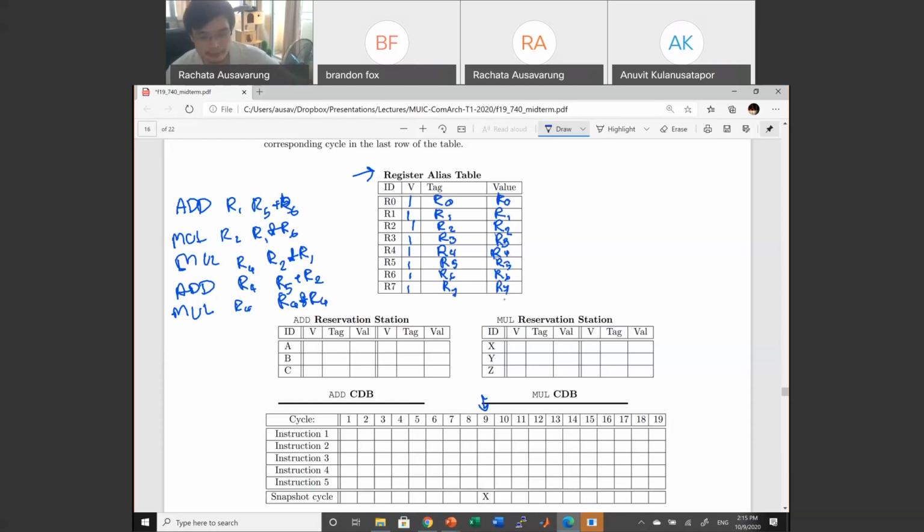All right, so everyone with me so far. This is instruction 1, instruction 2, instruction 3, instruction 4, and instruction 5. In the first cycle, what happened?